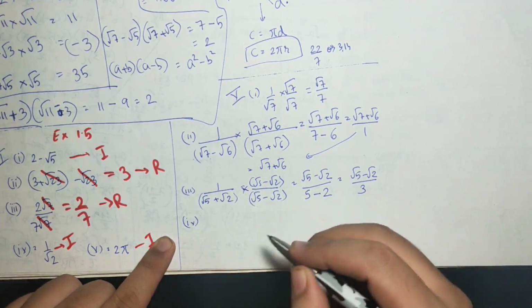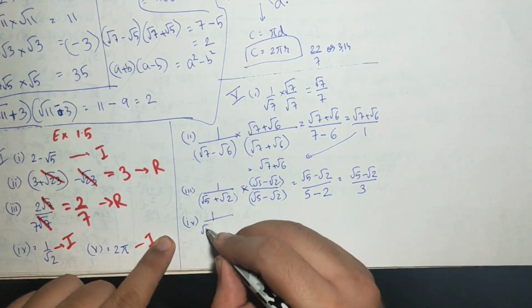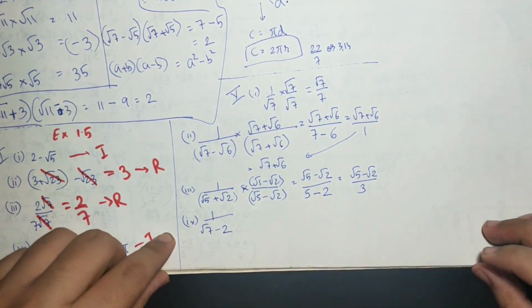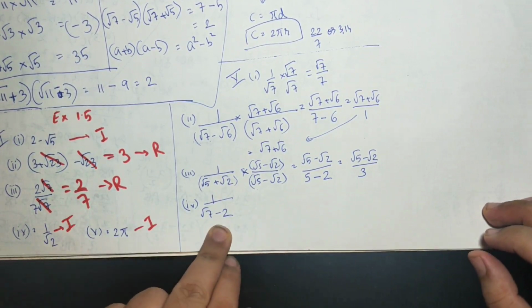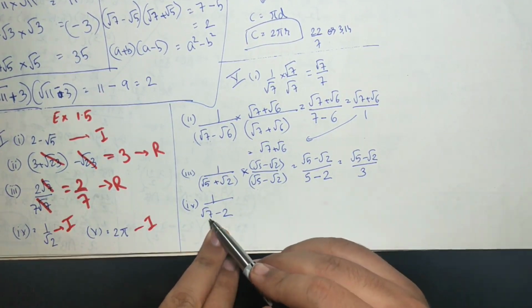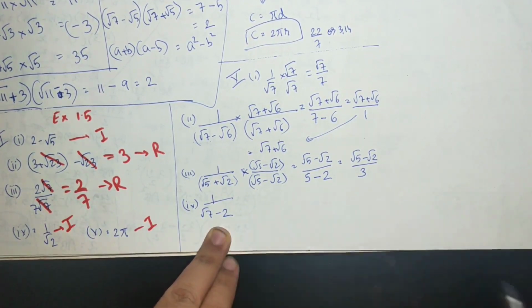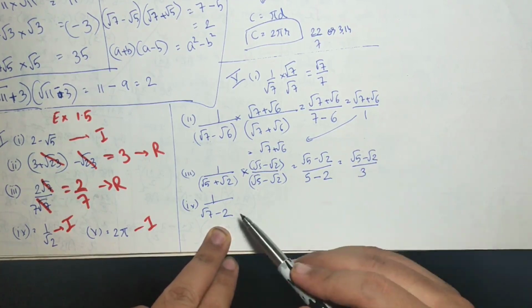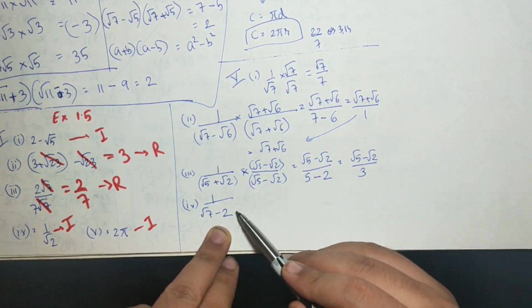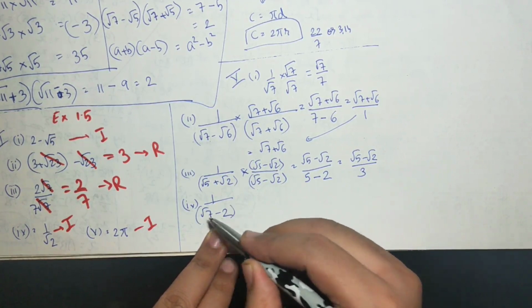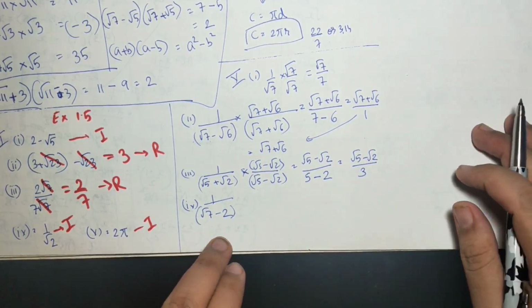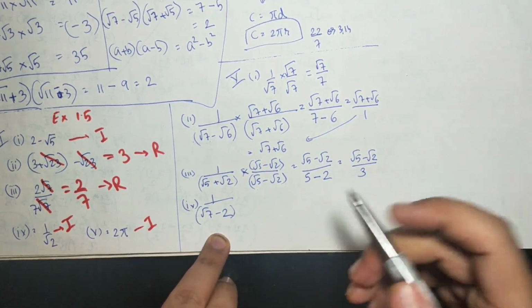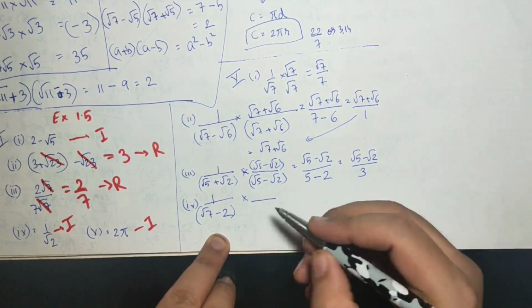Fourth question, 1 by root 7 minus 2. In the denominator, it's a binomial, but as we can see, there is only one irrational number. Don't make a mistake to just multiply it with root 7. I have already explained, no matter if it's a binomial, we have to consider a square minus b square only.